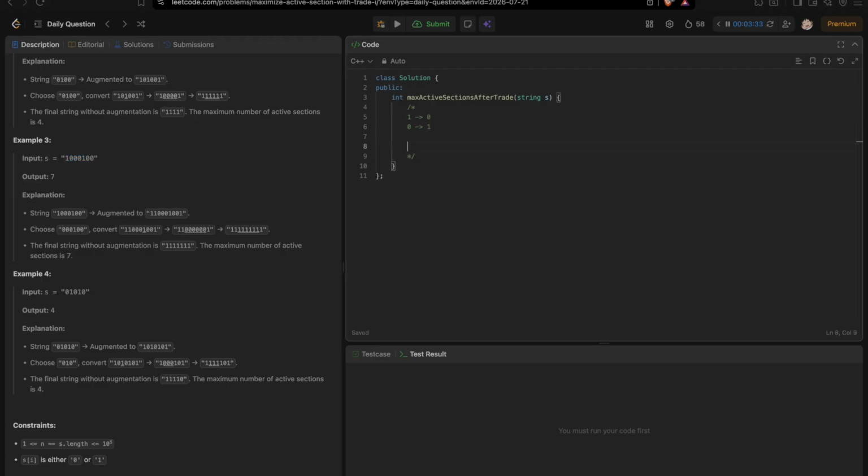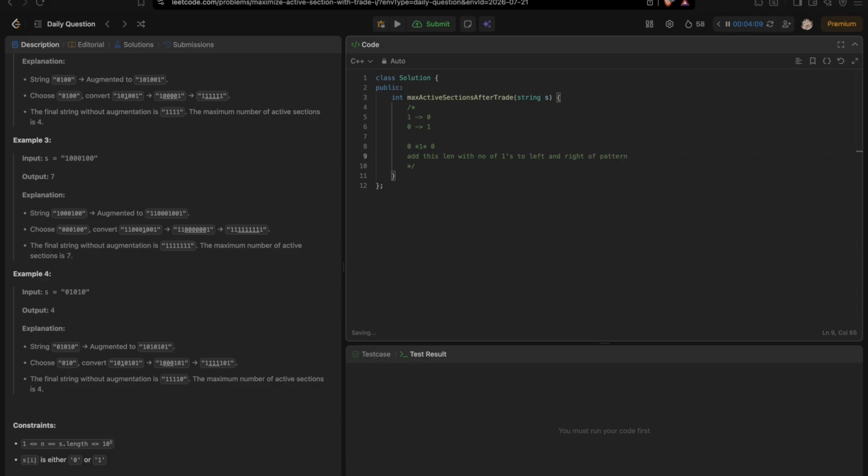So the intent is we are having 0, any number of ones, and then 0. Now we need to consider the largest substring which is in this pattern, and once we find it, we just add this length with the number of ones to the left and right of this pattern.